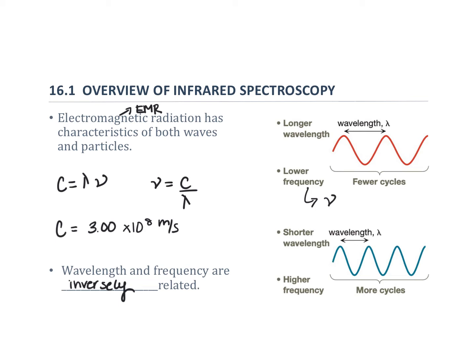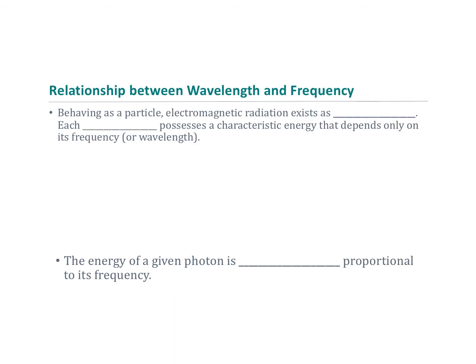Now, as we're dusting off these brain cells, I want you to remember that each photon has an energy that's associated with it, right? And so this light energy can behave as particles, as well as waves. So when we talk about it as a particle, we are talking about it as photons. Okay, so these little packages of light are these photons.